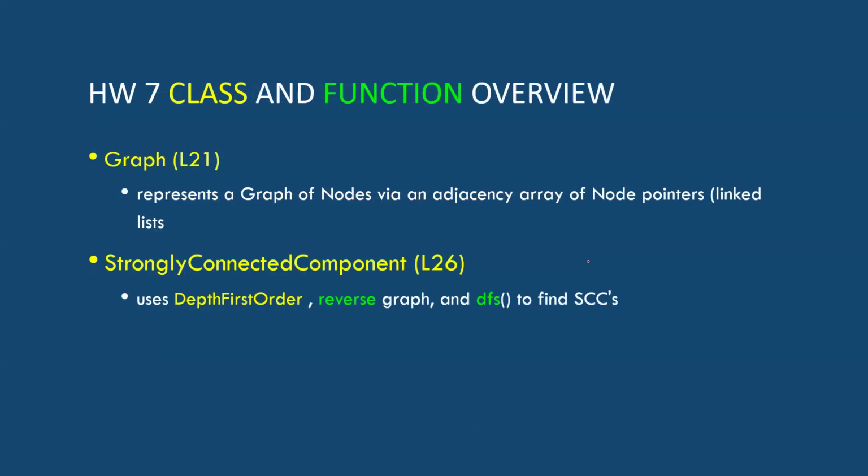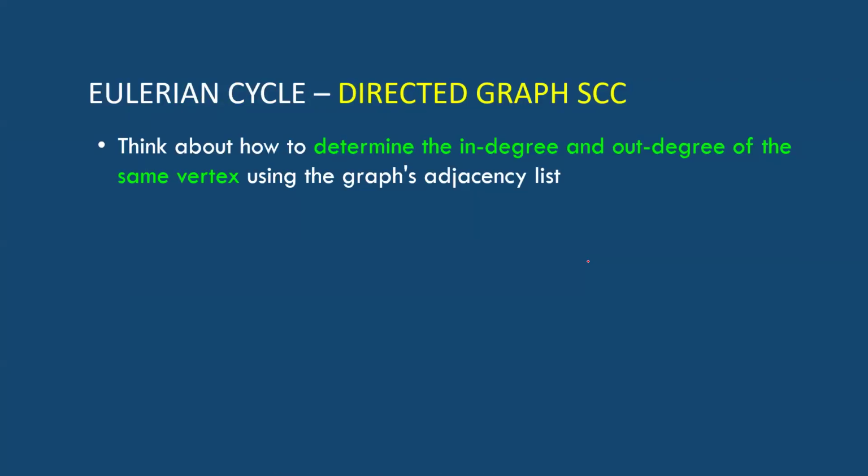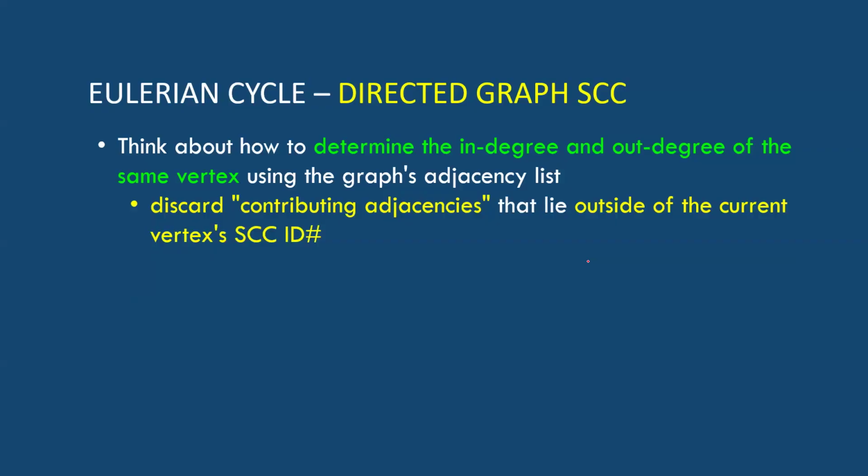So here are your components, and those will all be in Canvas, and the directed graph SCC for your cycle is going to be crucial, okay? You're going to need to think about that. And you're going to discard contributing adjacencies that lie outside of the current SCC. Save this one for last, of course.